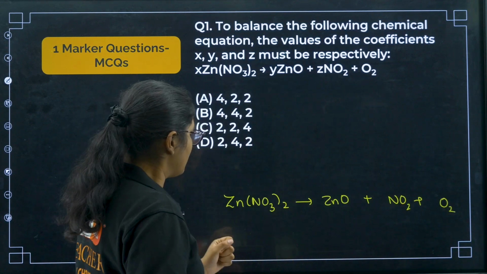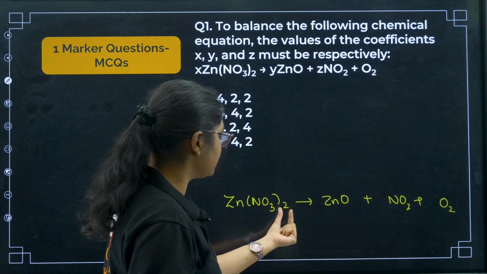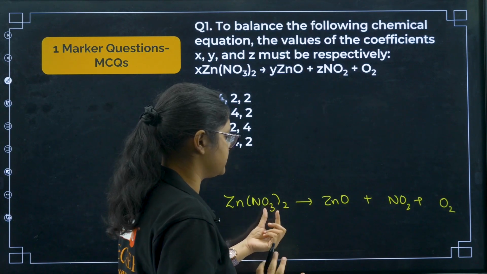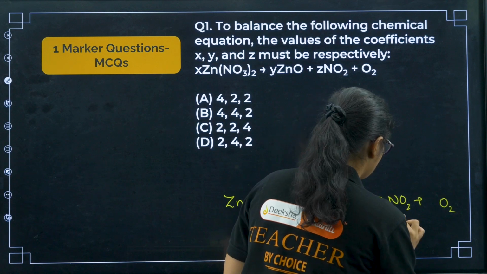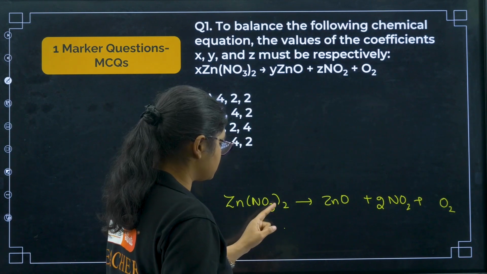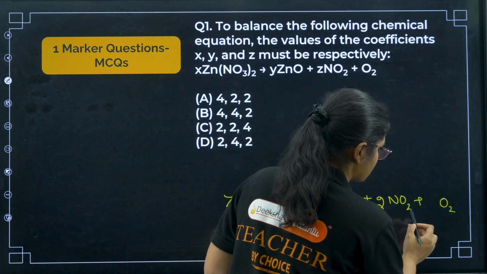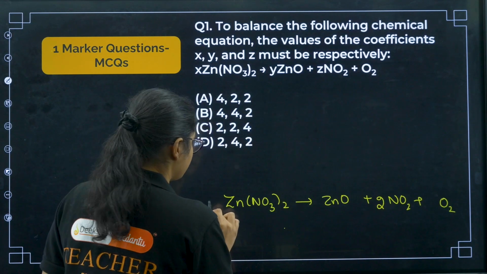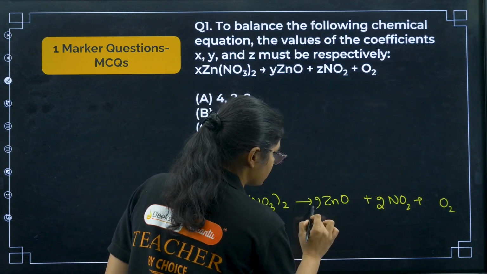Clear? Now let me check: 6 oxygens are there and 2 nitrogens. If I make it 2, then 2 nitrogens are done and 6 oxygens are there. Now I will make this one 2 and this one also 2.